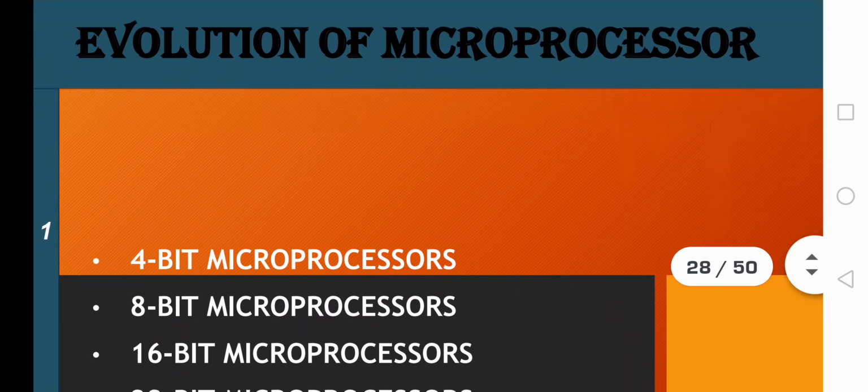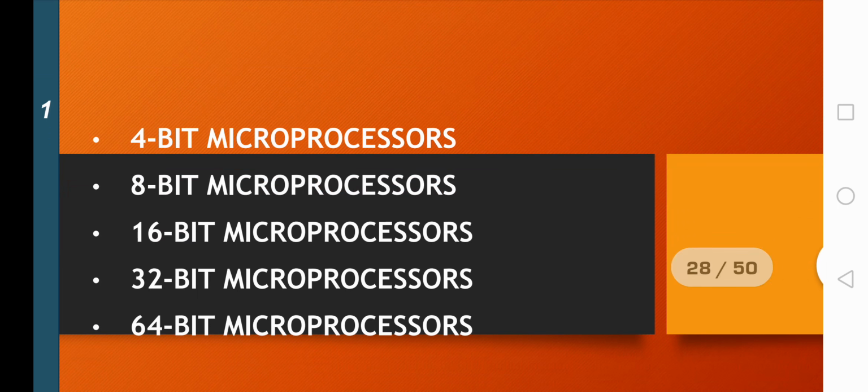In order to explain the history of the microprocessor, or how it evolved all these years, it is easy to explain it in terms of the number of bits it can handle in a particular second. Each and every microprocessor is defined in terms of its capacity.